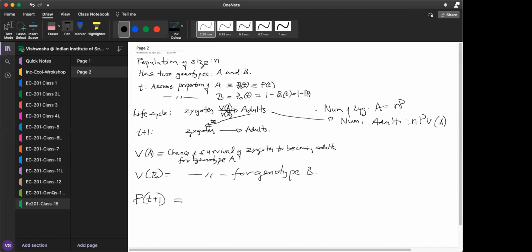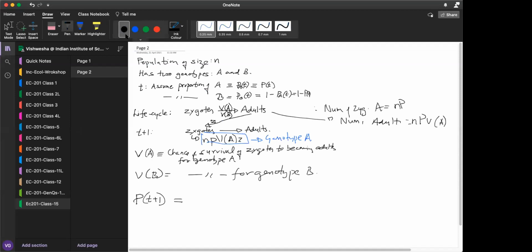So therefore, the number of zygotes will be n times P times V of A times Z. That's for type A. Is everyone fine? Here P, PA and PB represent the fraction, the proportion, yes, of zygotes. Yeah, that's right. This is for the genotype A.